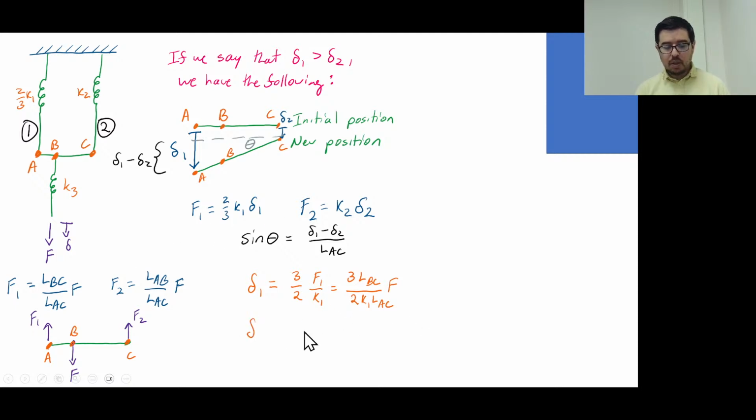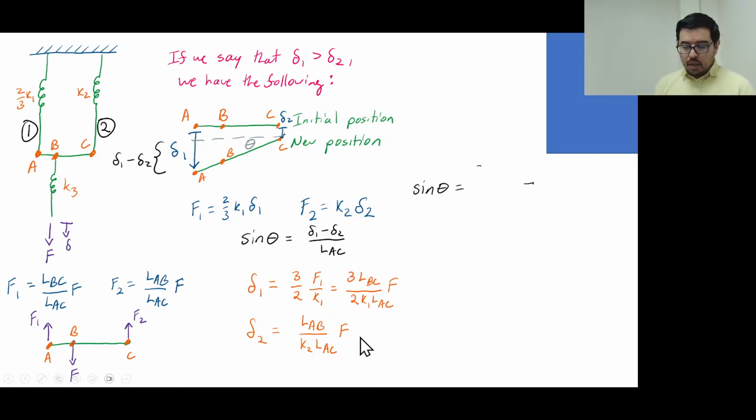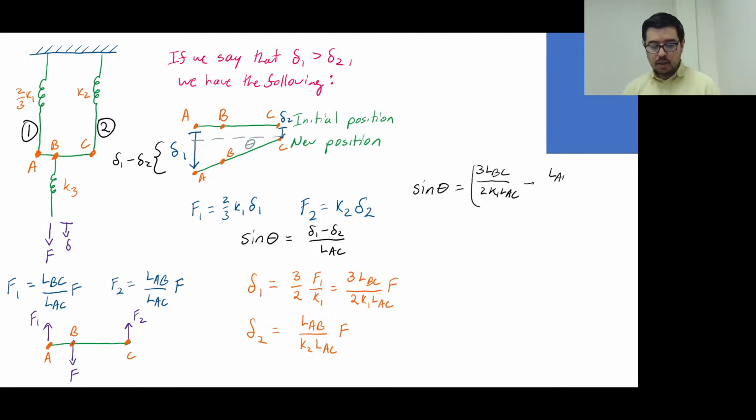Delta 2 is similarly going to be given by this expression plus this expression. So now I've got expressions for delta 1 and delta 2, so I can put those into delta 1 and delta 2 here. And they both are multiplied by F, so I bring the F out here, and it's all over LAC.